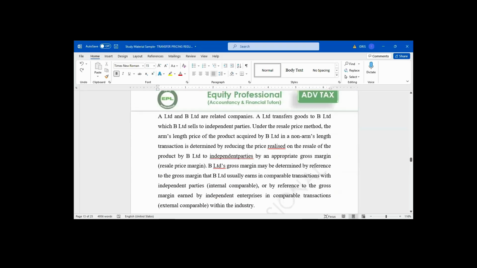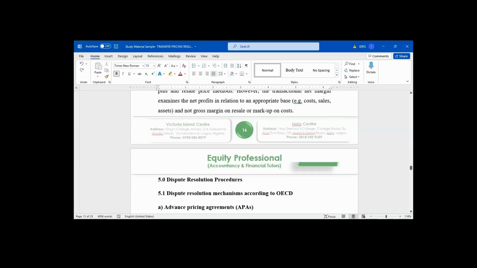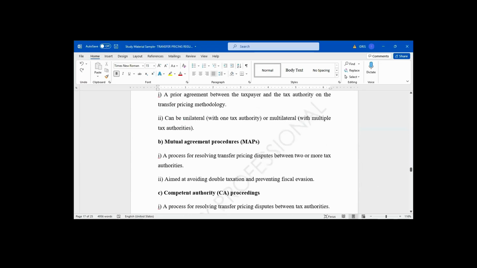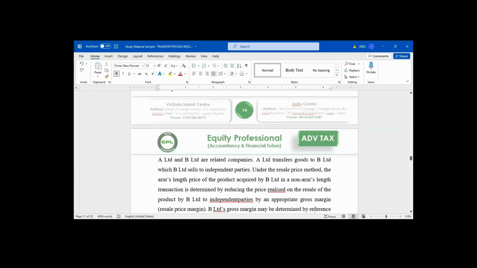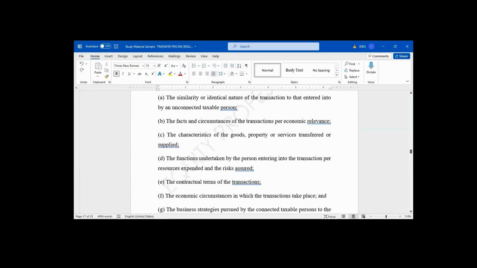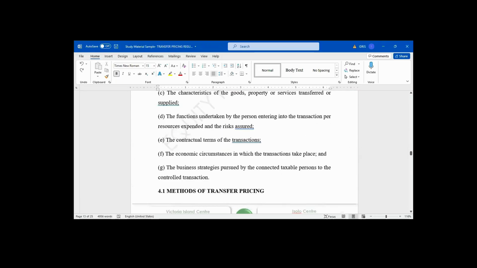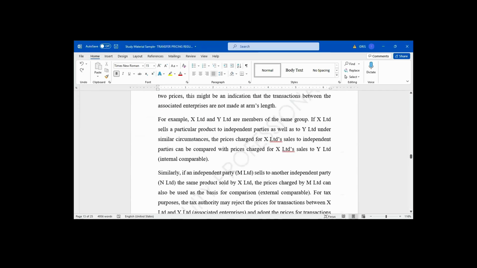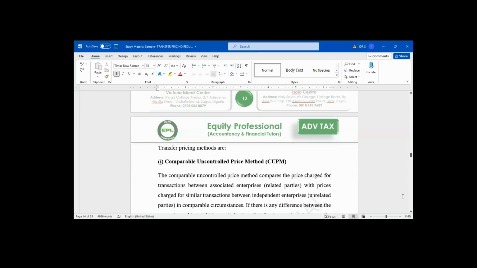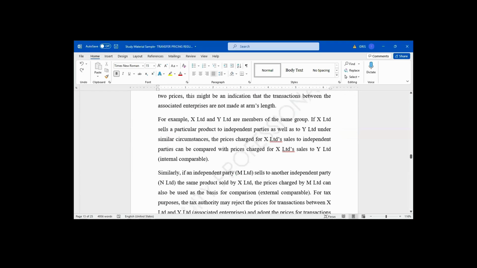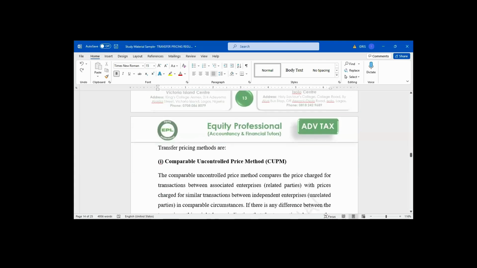Now, what are the methods of transfer pricing? We have different methods in which goods are transferred between parent and subsidiary, between interrelated parties. Number one is the comparable uncontrolled price method.